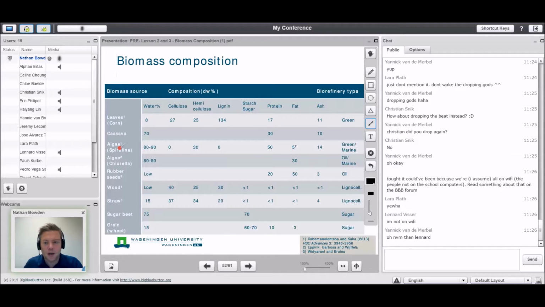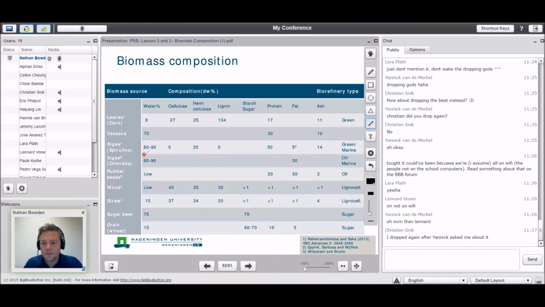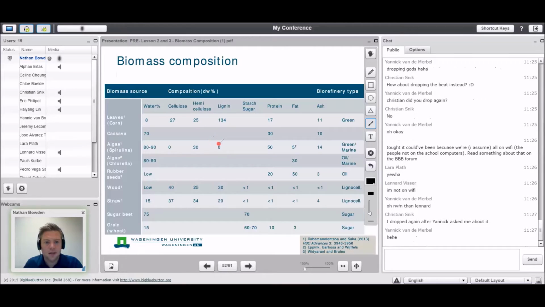So I'll take spirulina since one of our groups has that. It's 80 to 90% water, 0% cellulose, 30% hemicellulose, 0% lignin, half is protein.